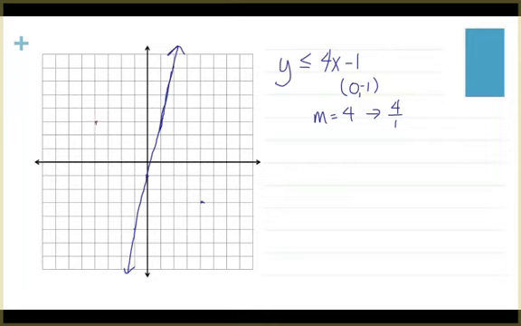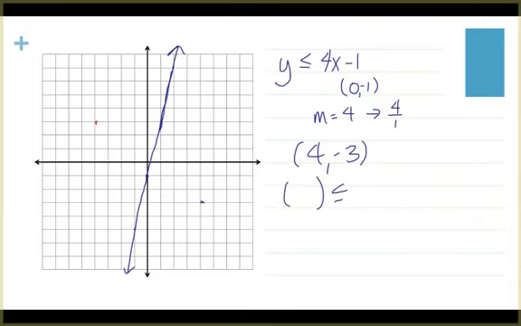I'm going to pick the blue dot. The blue dot is 1, 2, 3, 4, negative 3. It's 4, negative 3. So I'm going to plug it into my original equation.